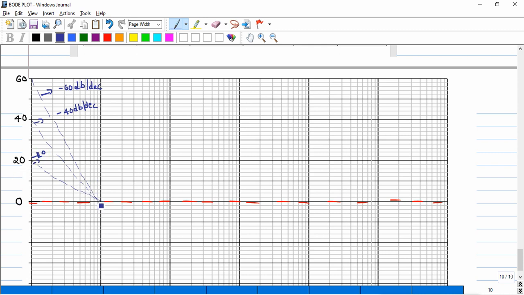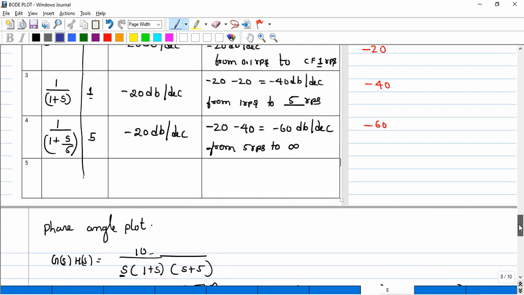See, all will intersect at the point omega is equal to 1 RPS. So this procedure will remain same for all problems. So the first step is to draw the construction line. Now let us start one by one.